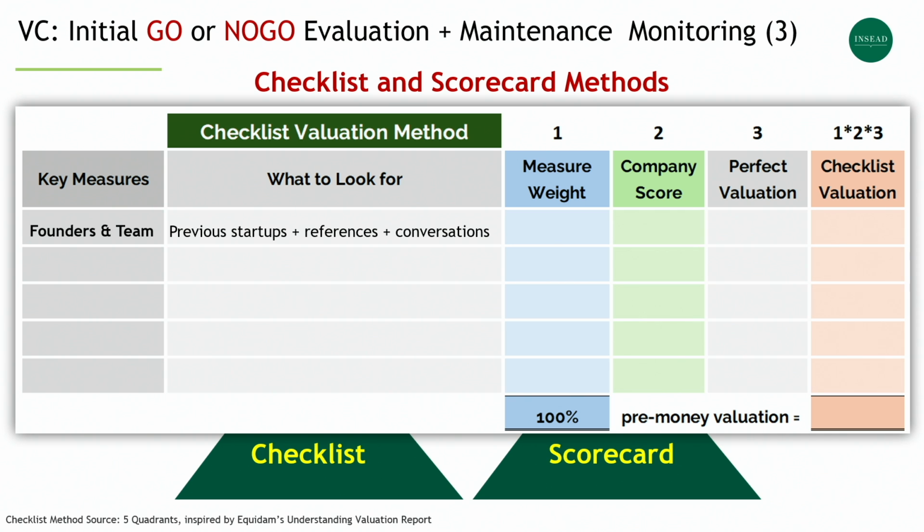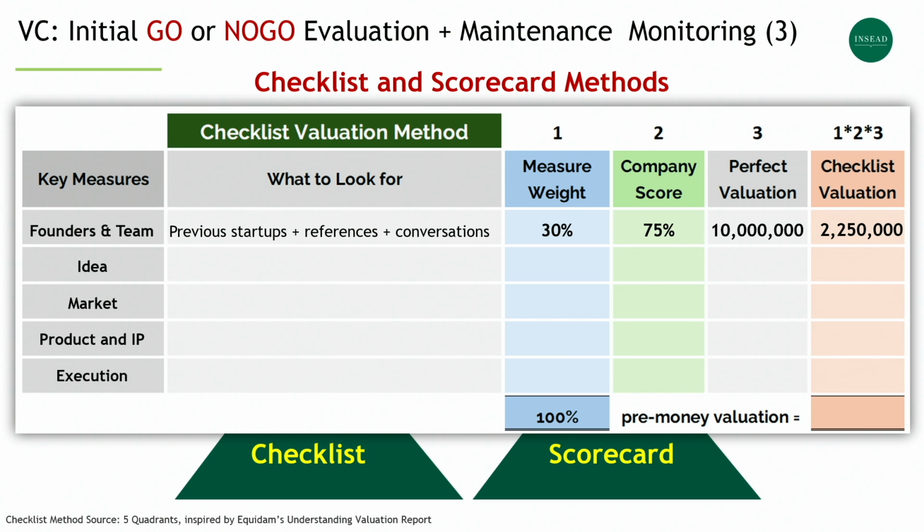Are they repeat entrepreneurs? Do they have good references? Can we have conversations with some of the people they have worked with before? We then basically will assign a measure, a score for the company. So in this case, this company scores reasonably well with 75%. We will assign a perfect valuation, and then column 1 times 2 times 3 will give me the checklist valuation for this particular key measure.